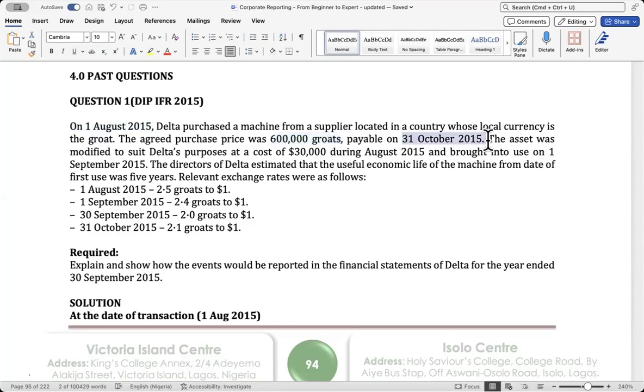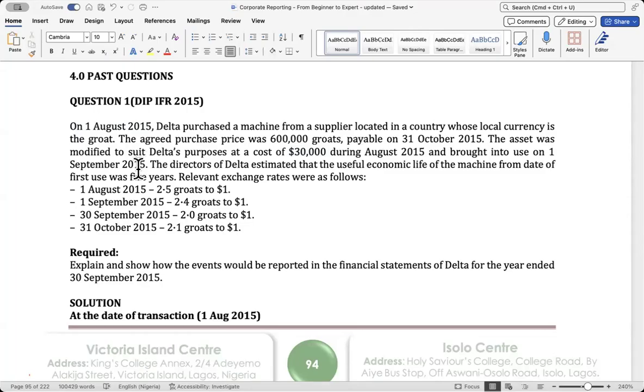And we are supposed to pay in October. But the transaction was consummated in August. So we modified the asset. We incurred 30,000 during August. We started using the asset in September. So the useful life of the asset is 5 years.